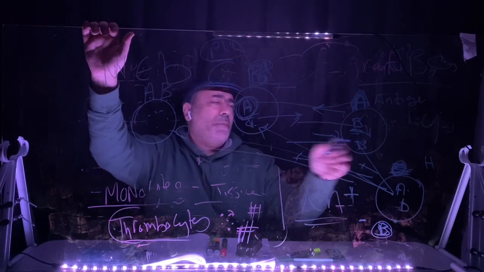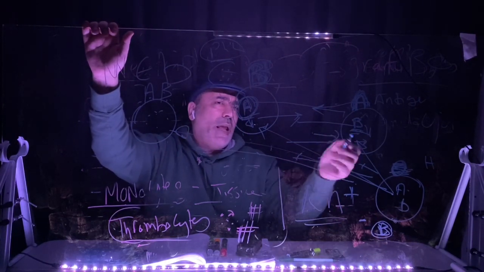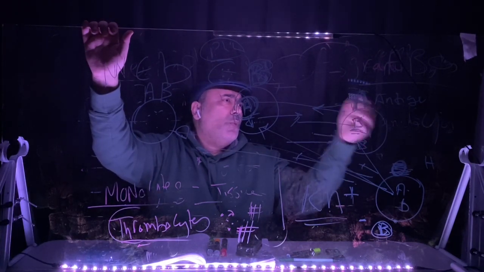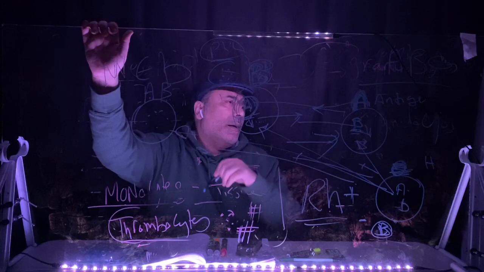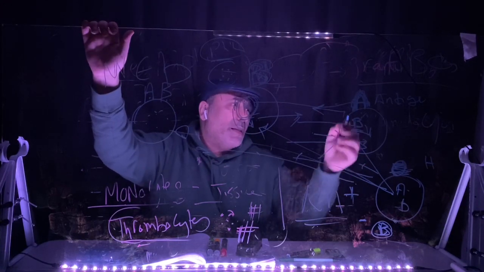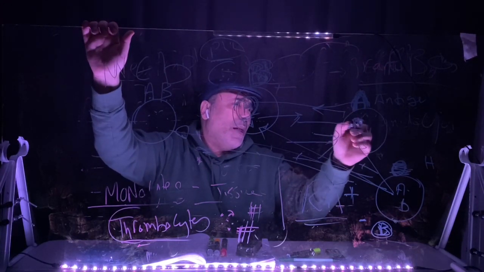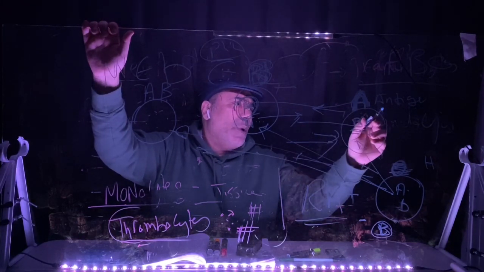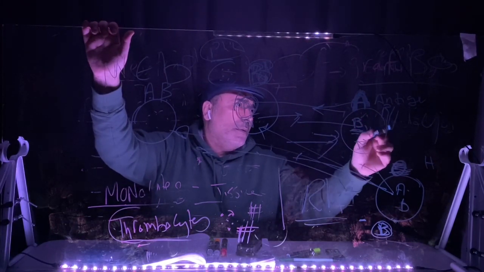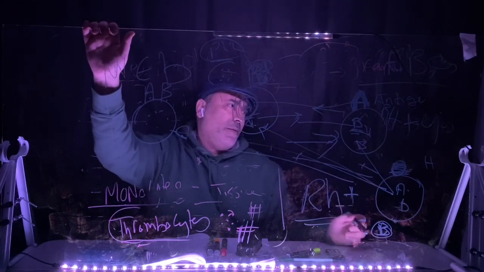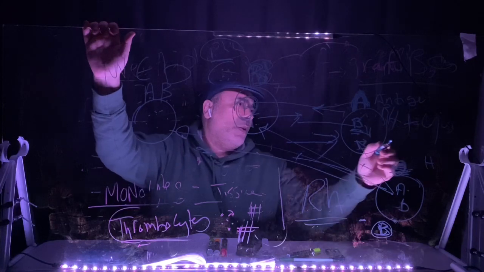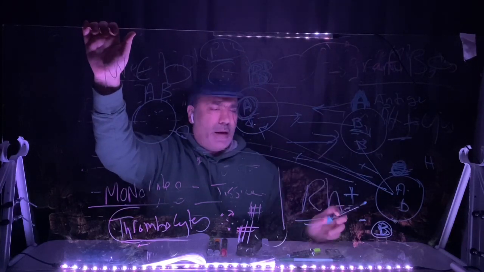So this would make A positive or A negative, etc. When they do the blood typing test, if they find that blood A has A antigen and has the rhesus factor on the surface as well, we consider this A positive. If they found only A antigen on the surface and no rhesus factor, you call it A negative.